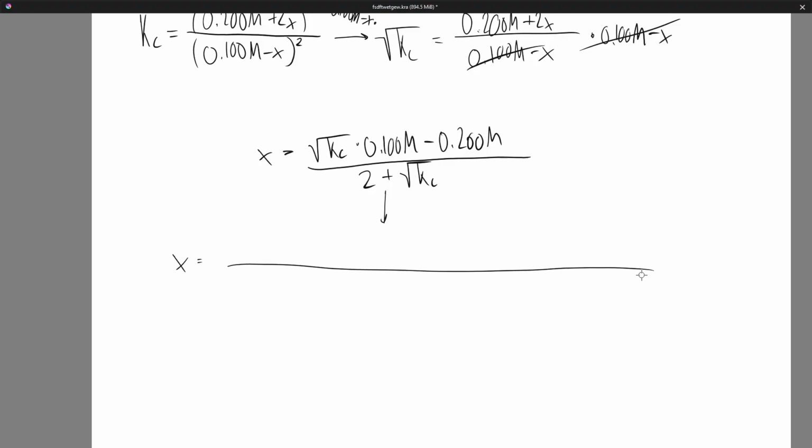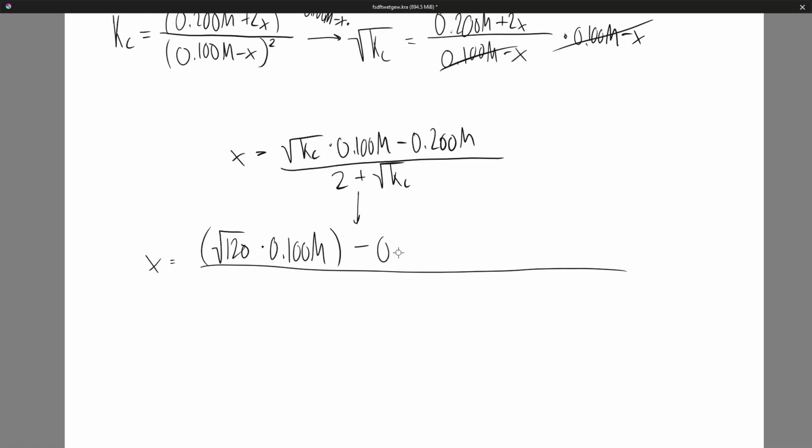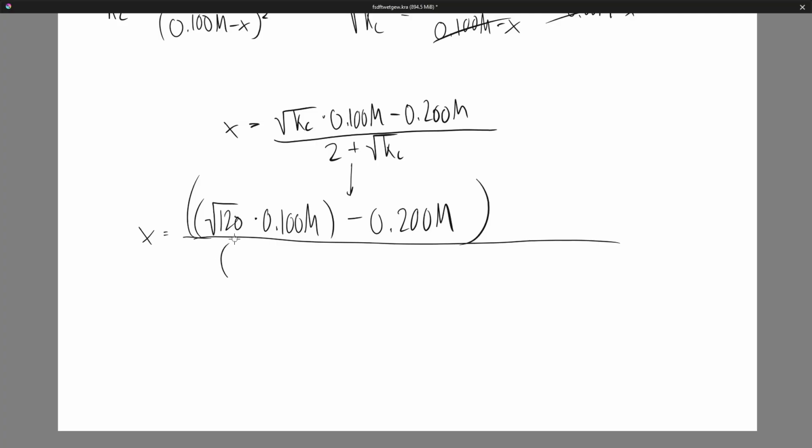the square root of Kc, which we're given, it's 120, times 0.100 molar minus 0.200 molar, divided by 2 plus the square root of Kc, which is 120.